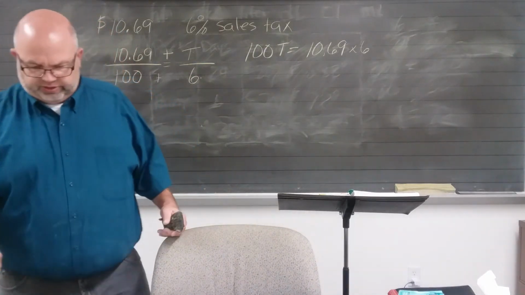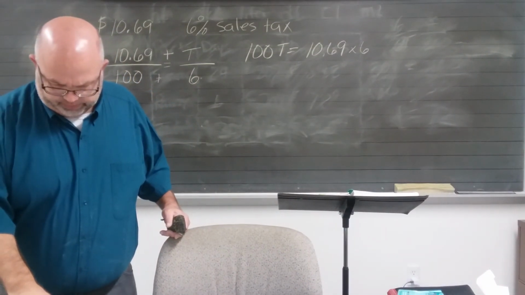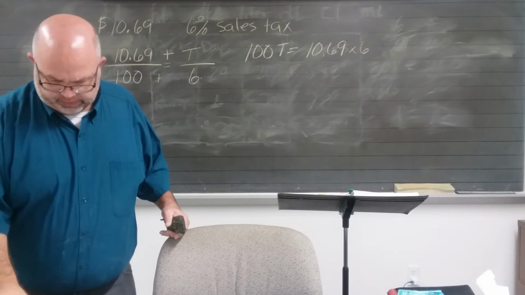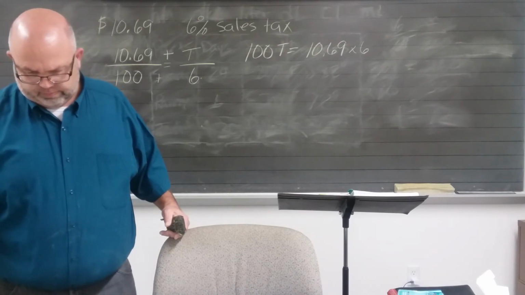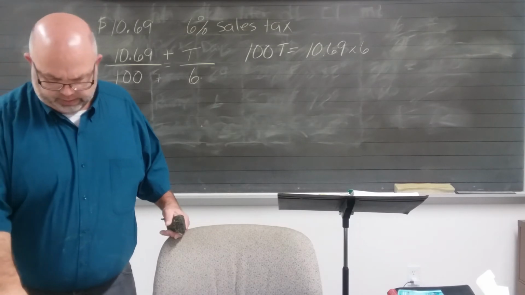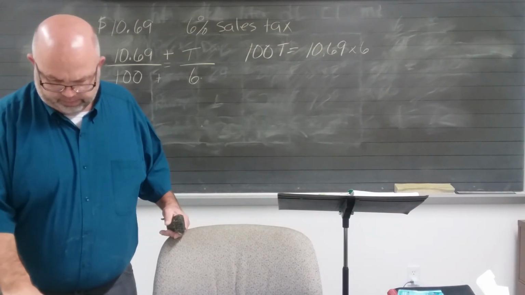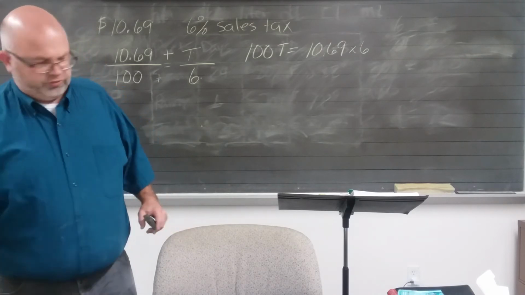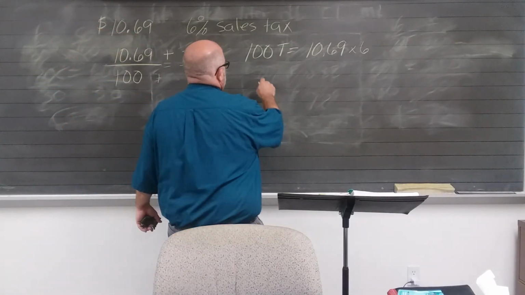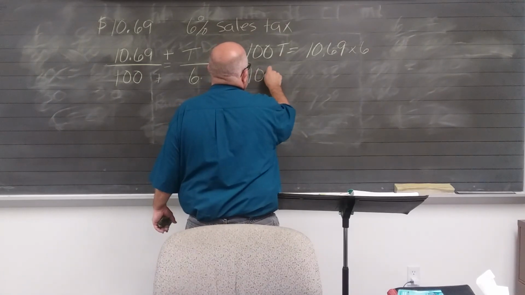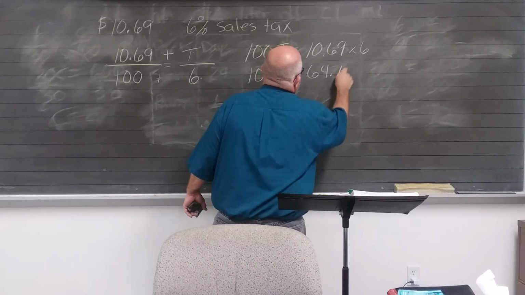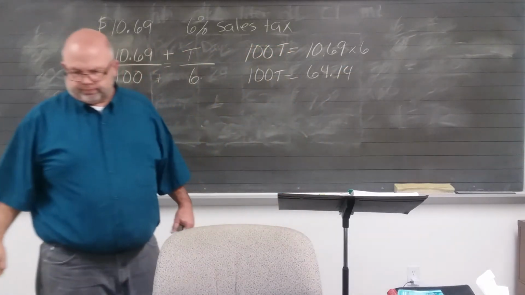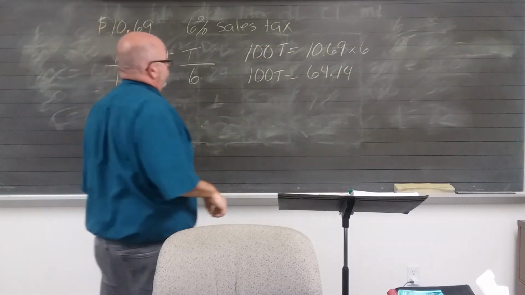What is 1069 times 6? 6414. So 100T equals 6414. All right.